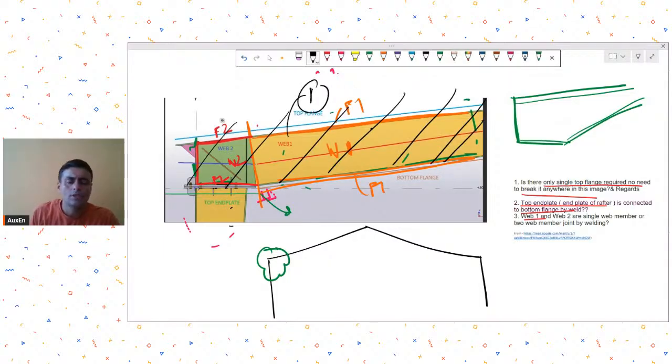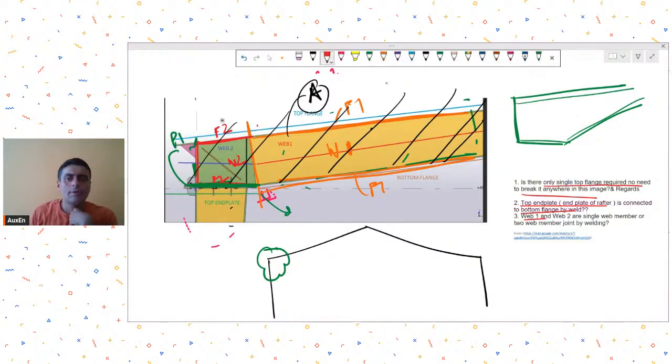So this becomes your piece 1, and let's call it piece A. Now you fabricate this piece A and transport it to site. Let's say this piece A will have a bottom end plate welded to it over here, so let's call it plate 1.